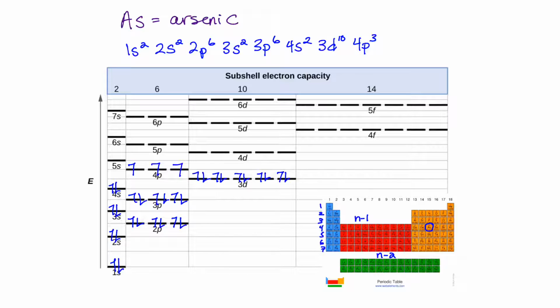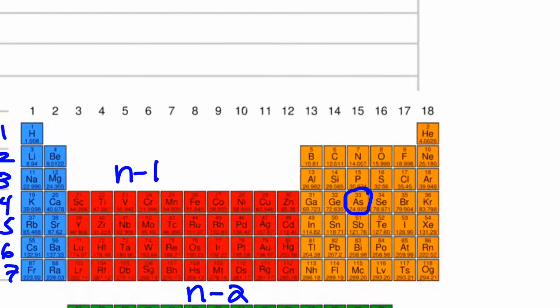Okay, so what we can do here to shortcut arsenic is to find the noble gas that immediately precedes the element that you're interested in. So for arsenic here, the noble gas that immediately precedes it is argon.